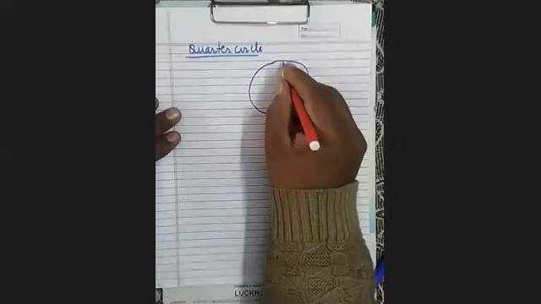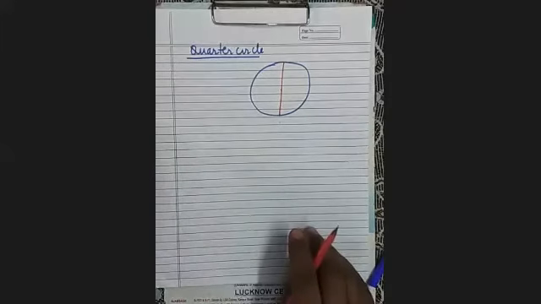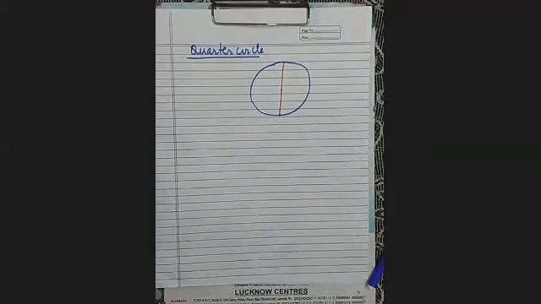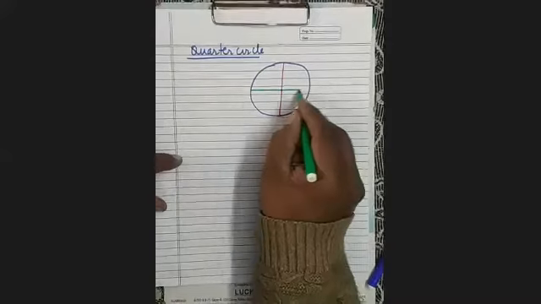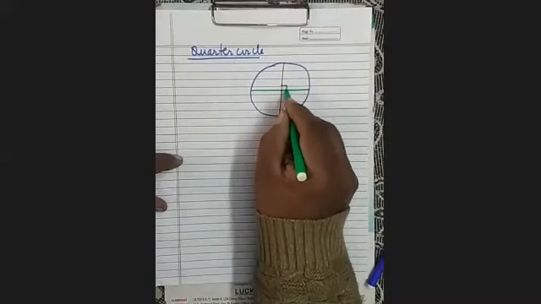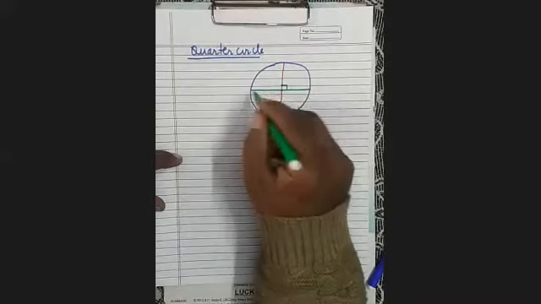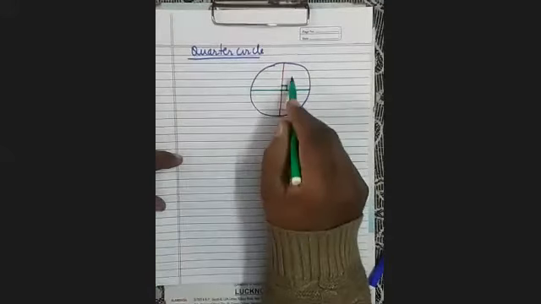Its one diameter is this, and its other diameter is, you can see here, which is perpendicular to the earlier one. Both the diameters are perpendicular. So in the circle, two perpendicular diameters divide the circle into 4 equal parts.